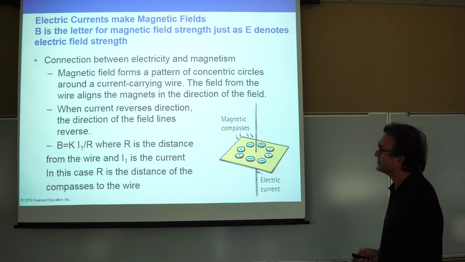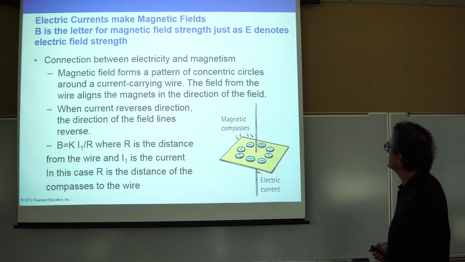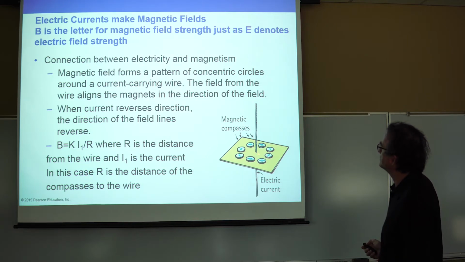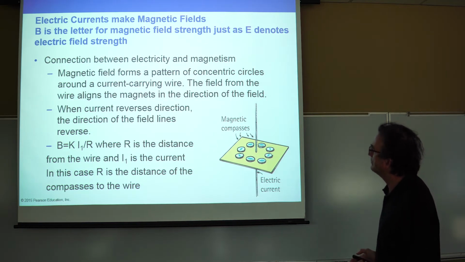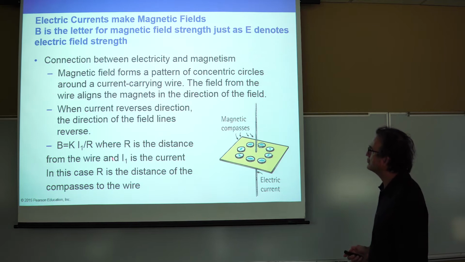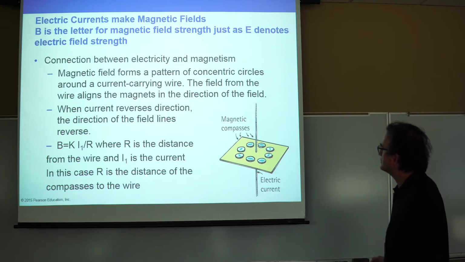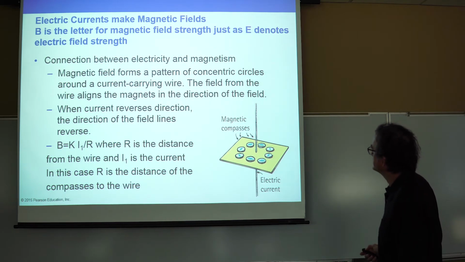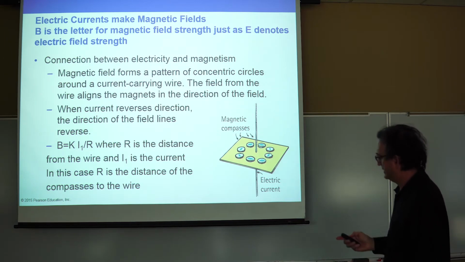I can either increase the current, or I can examine a point closer to the wire. Here r is the distance from the center of the wire to, in this case, the compass on the table. That radial distance r is an indicator of how strong the magnetic field is, and this will dictate how to calculate the strength of the magnetic field.